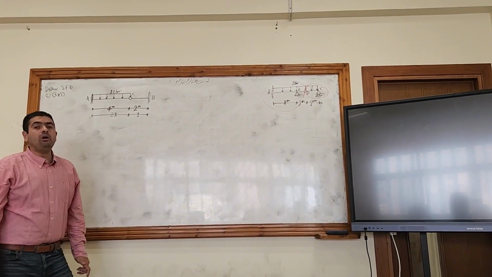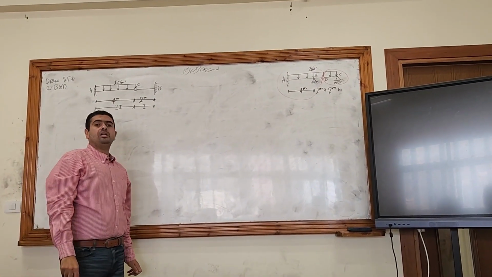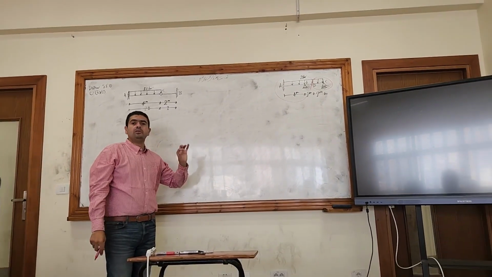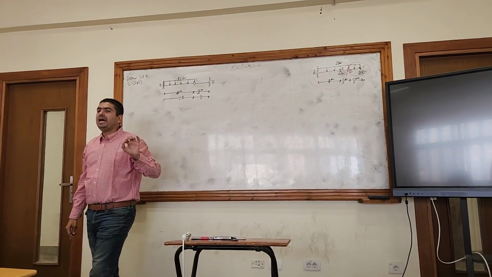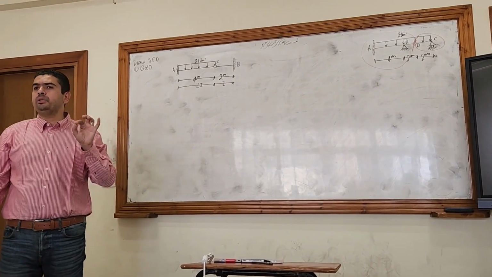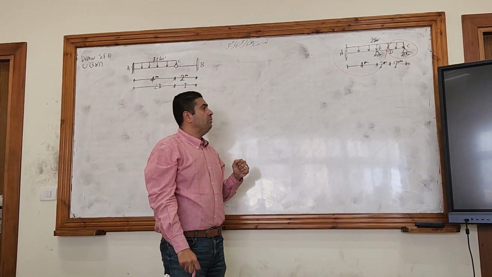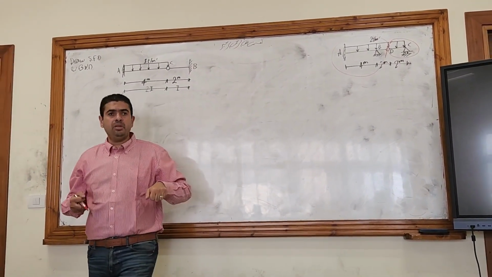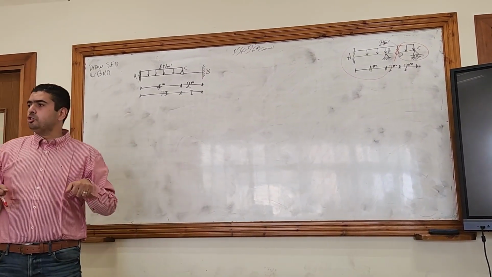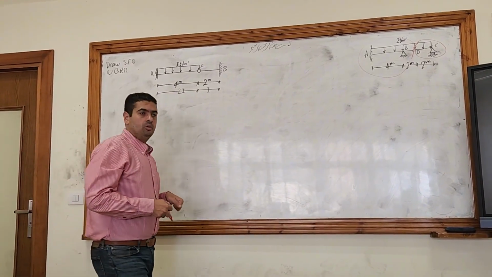The second step was, how do I know which part is the main beam and which part is the secondary beam? The main beam is the strongest one, that is holding the secondary beam. Okay?